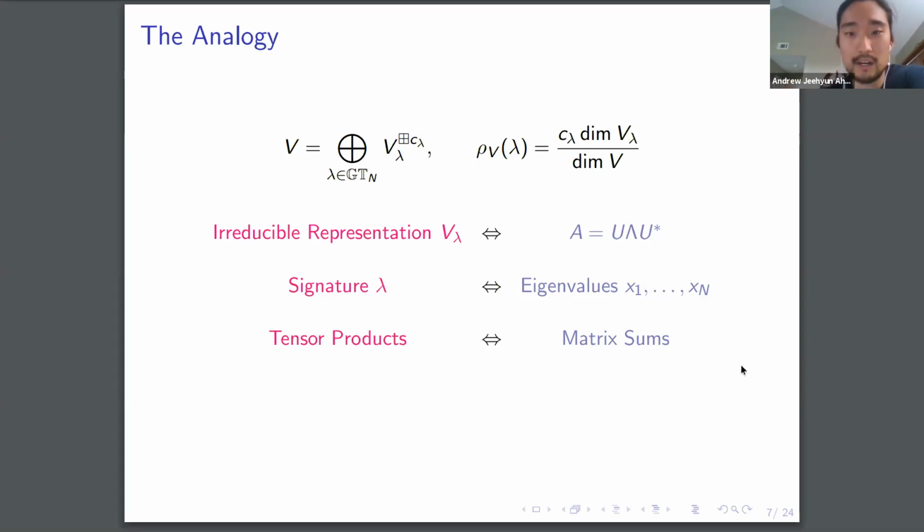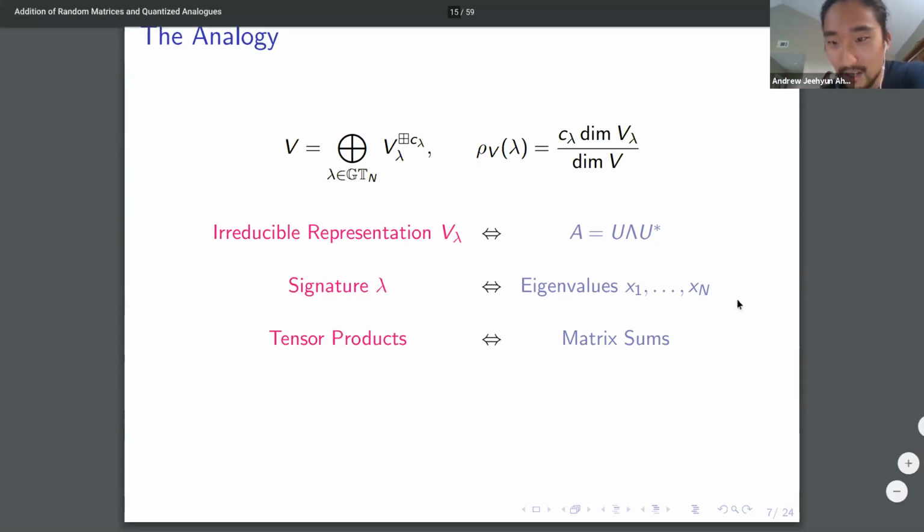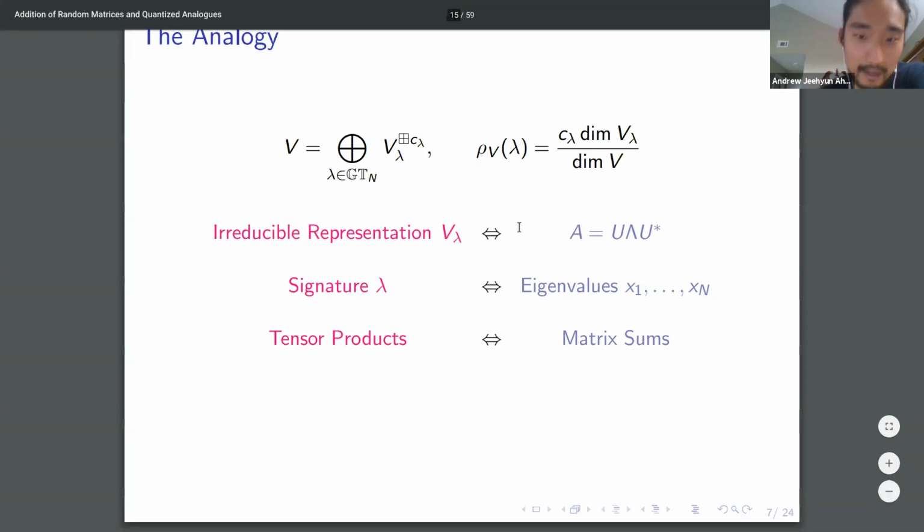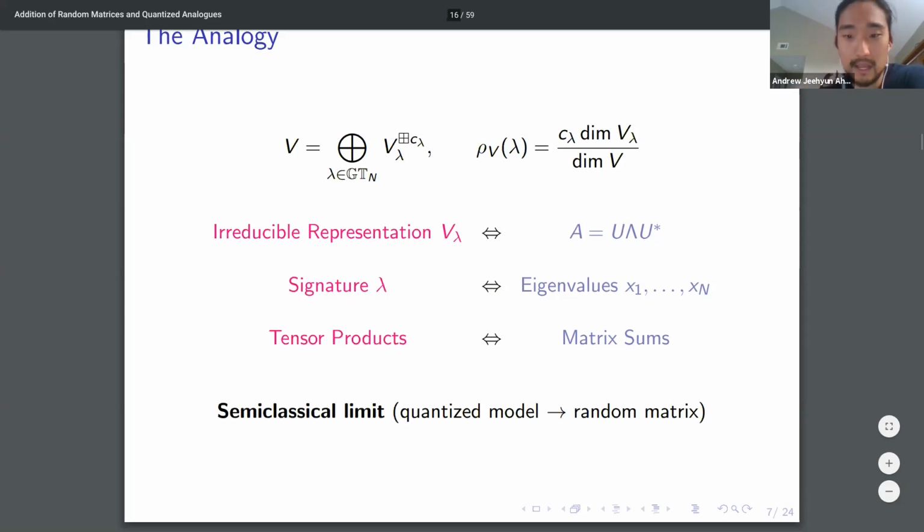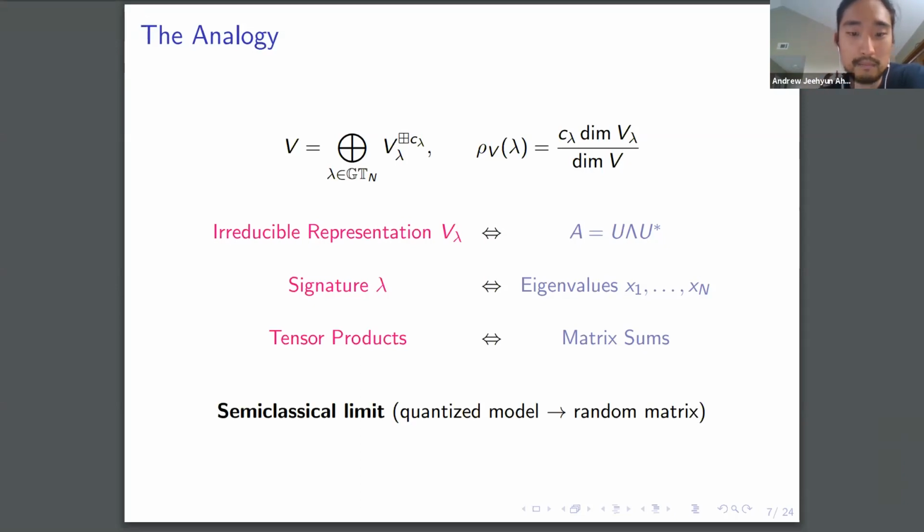And this connection, right now, seems a little tenuous. I'm just saying, you have some n tuple here, you have an n tuple here, you have some ambient object here and an ambient object here, and some operations on both sides. But you can make this connection more precise by taking what's called the semiclassical limit. What this does is it takes these discrete models.